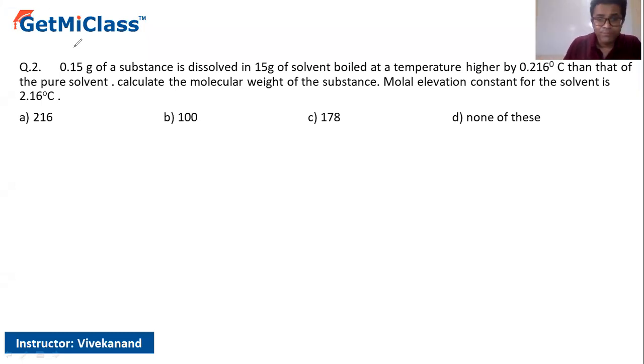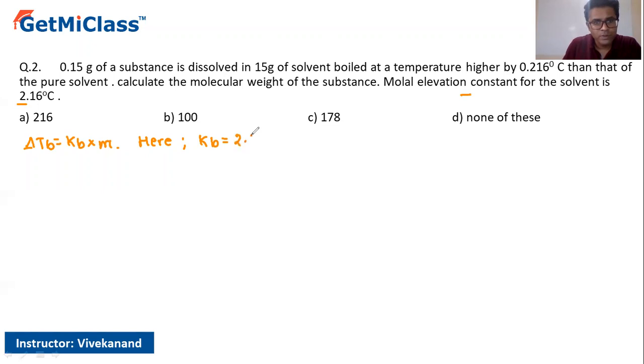Let's start with this. As we have an elevation in the boiling point, and they have mentioned the molar elevation constant for the solvent, this is quite enough of a hint for us to use ΔTB = KB × m. Here, KB is the value they have given us, 2.16, that is the elevation constant.